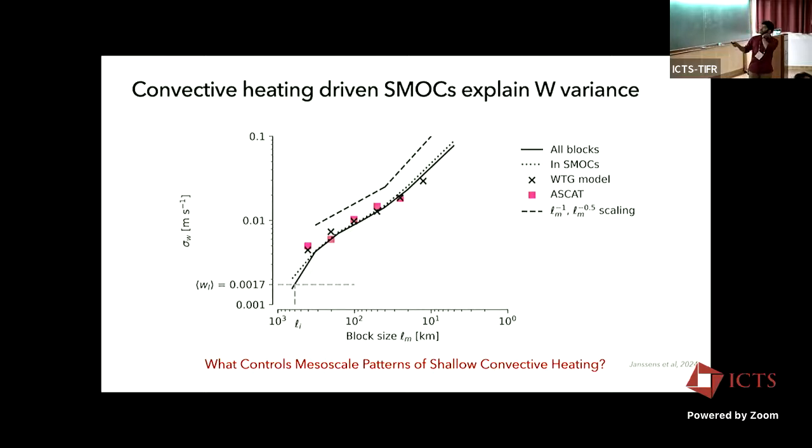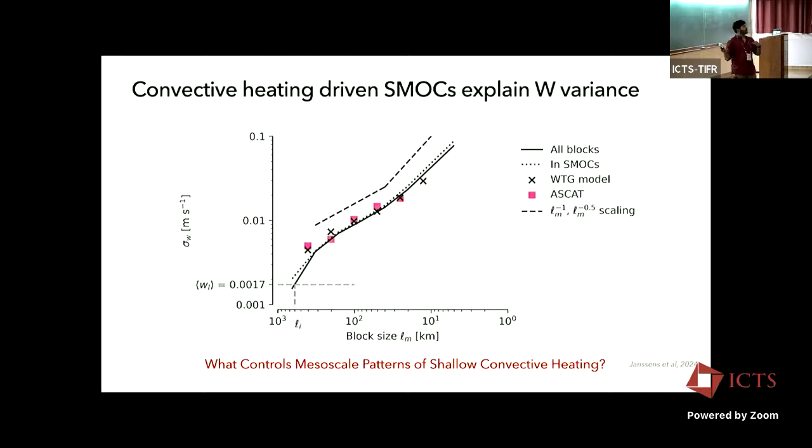Now we apply the WTG model, right? Just based on how much convective heating there is, can we explain the vertical velocity? That also seems to match very well until we go to very large scales, and then the scaling doesn't work anymore. So at mesoscales, the WTG model explains the same vertical velocity variance as in the large domain LES.